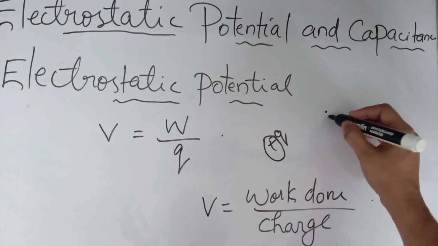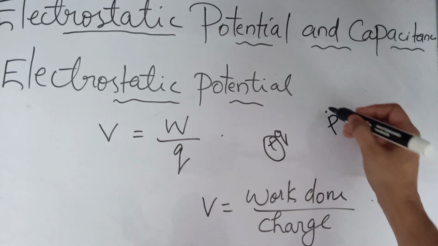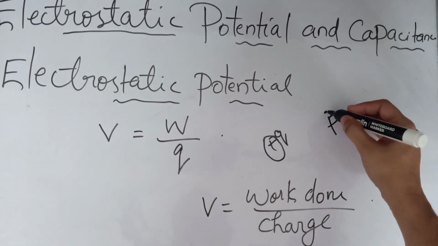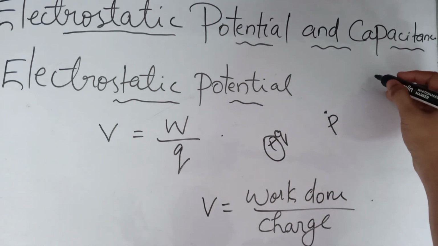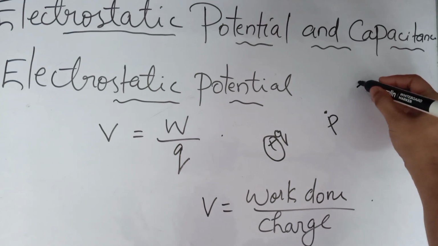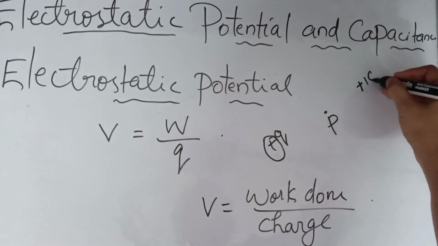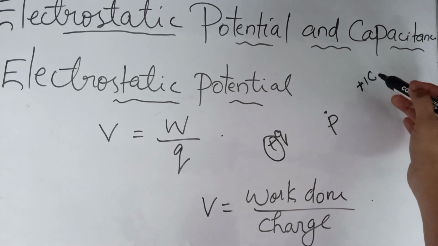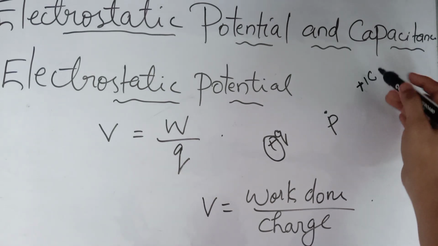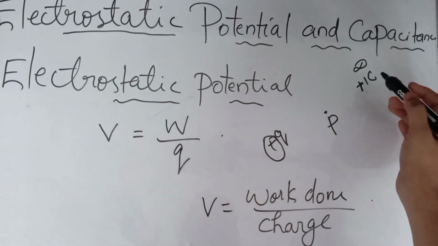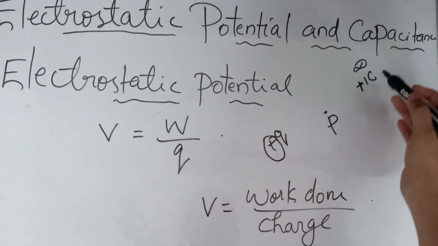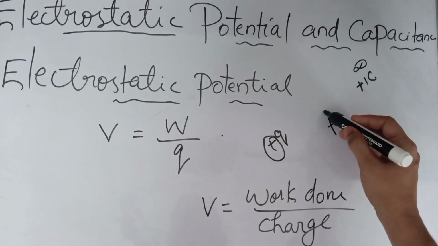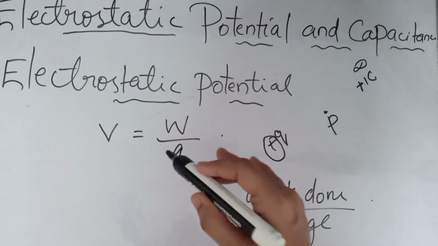Here we consider a point P, and for finding the electrostatic potential or electric potential we have to bring a unit positive charge. Suppose on this side we have a unit positive charge, plus 1 coulomb charge, that we are keeping here at infinity, and we have to bring this unit positive charge from infinity to this point P. So this work done will be stored as the electric potential.